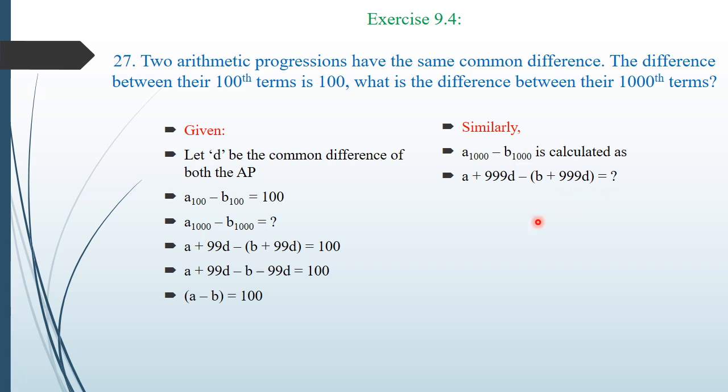When I open the bracket, it will be A plus 999D minus B minus 999D, that is equal to A minus B here. Plus 999D minus 999D get cancelled, therefore A minus B is going to be equal to again 100. From this result I can write it as 100 here.